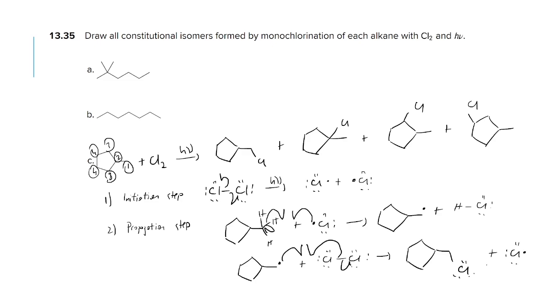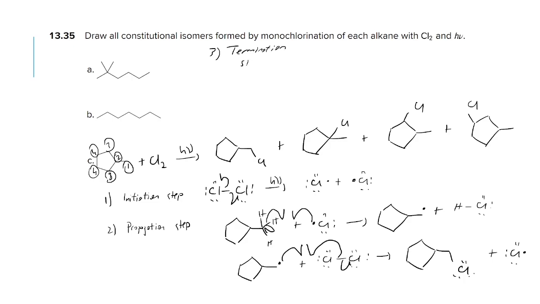So basically, in the propagation step, we produce more radicals. The initiation step, the first part of the reaction, initiates the reaction by producing initial radicals. But in the propagation step, we create more radical species. There is also a third step in radical reactions, which we call the termination step.